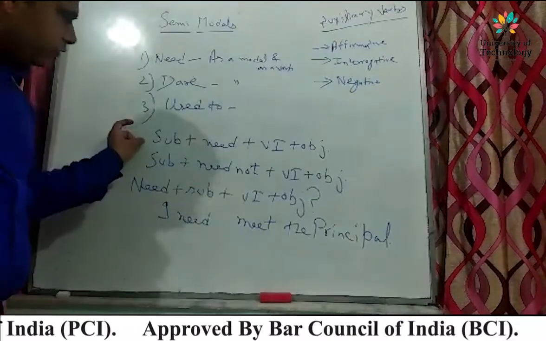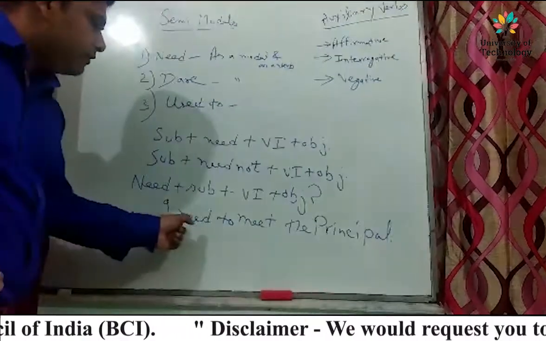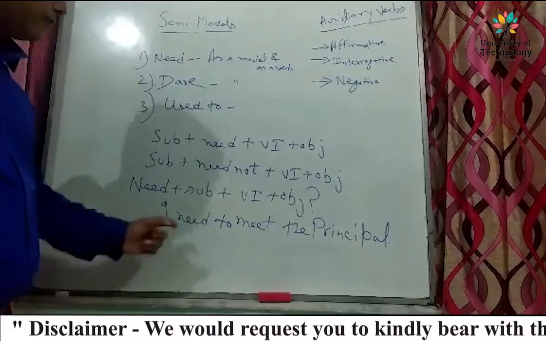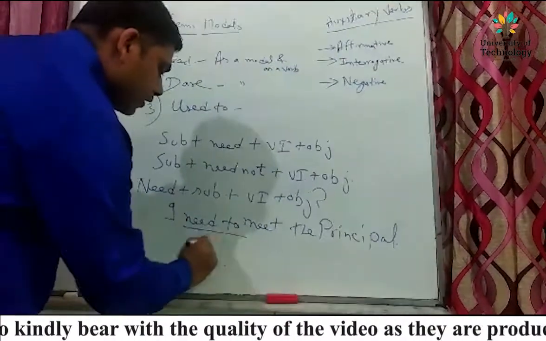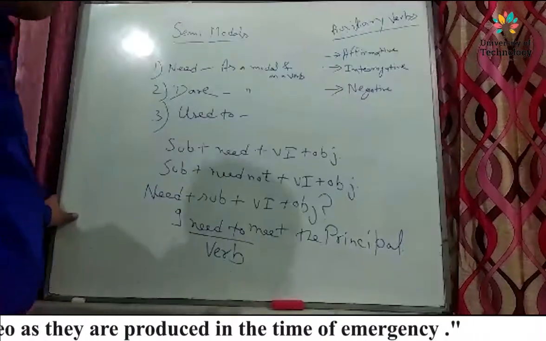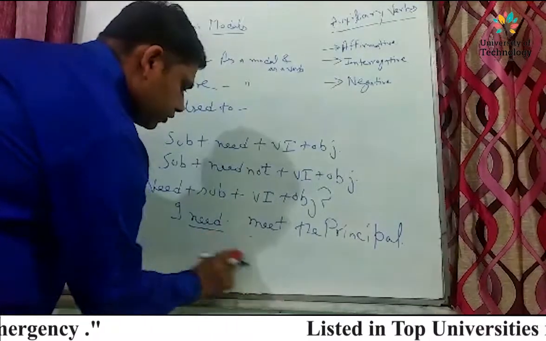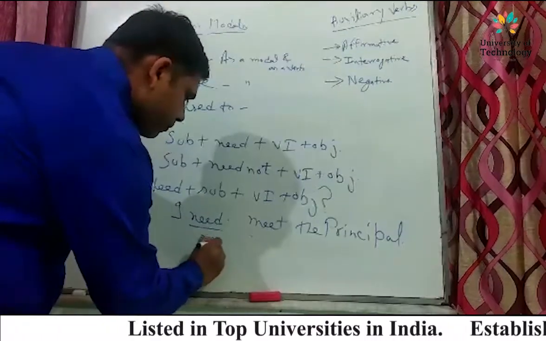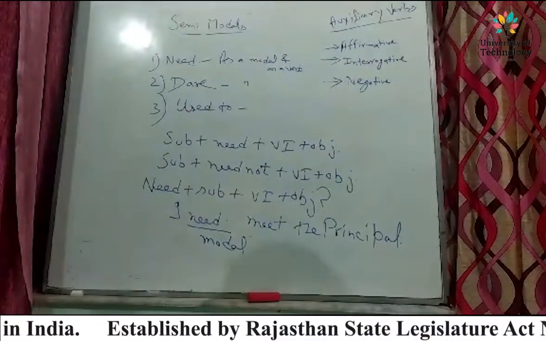According to syntax, if I use to here, need will work as a verb. And if I do not use to, now it will work as a modal. I need meet the principal.